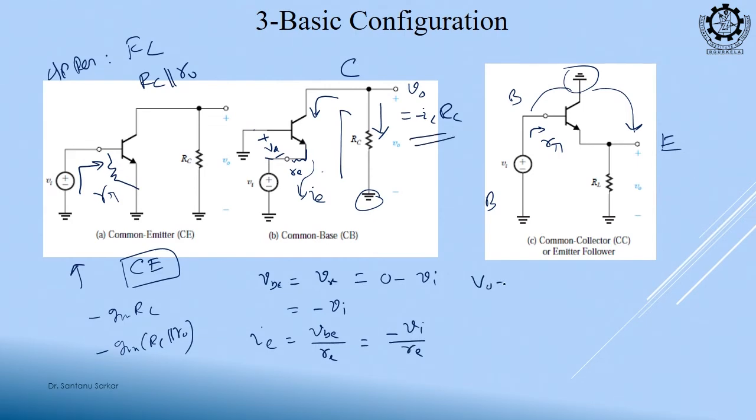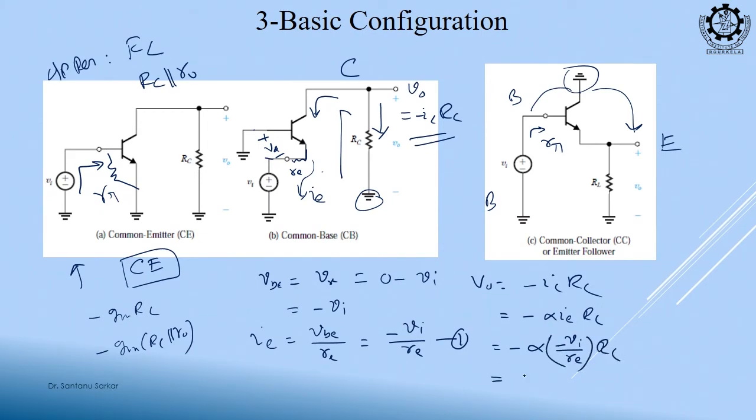So, your V0 is equal to minus IC RC. Please note down this step, is equal to minus alpha IE RC, is equal to minus alpha, you replace this equation, minus of Vi by re into RC.